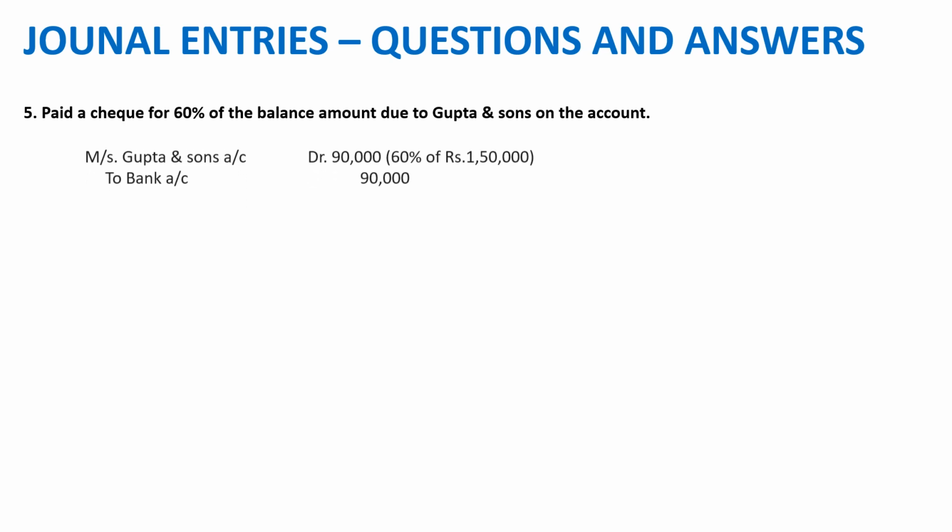So what is the accounting entry? Gupta and Sons account debited 90,000, correct? To bank 90,000, because your liability was 2.5 lakhs. 1 lakh already you have paid. Net liability is 1.5 lakhs. That liability you are reducing because you're paying 90,000 rupees. So reduction of liability is debited here, Gupta and Sons. To bank, because it is an asset which is reducing by 90,000 rupees, right?